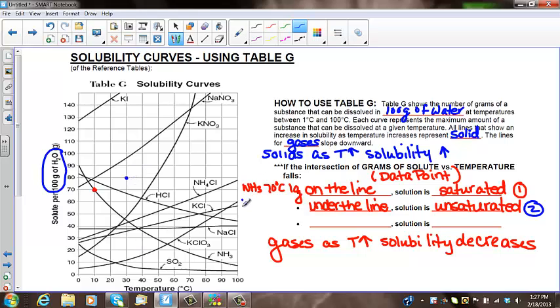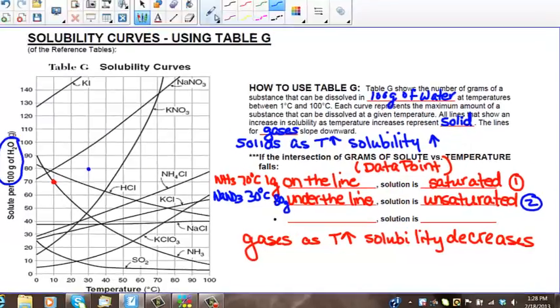So we have NaNO3, 30 degrees Celsius, 80 grams. Notice how the data point is under the line, therefore this would be considered an unsaturated solution.